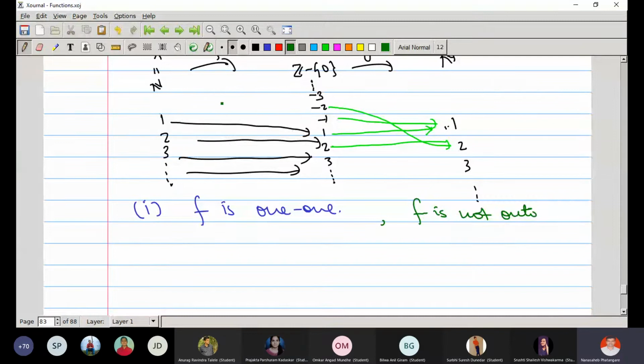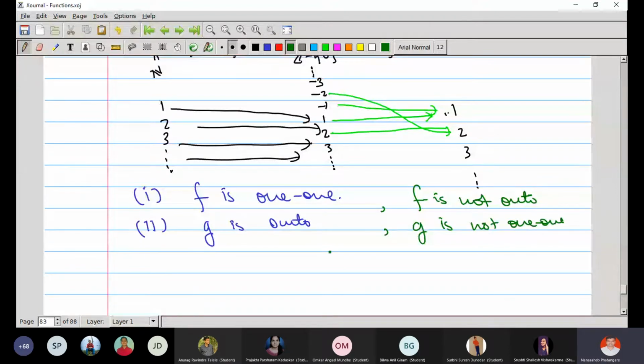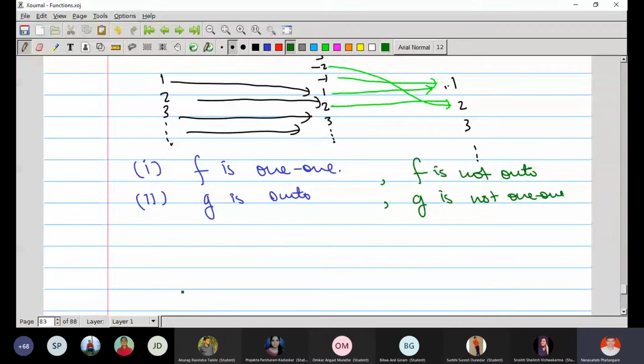Second point: g is onto. Is it correct? Yes. And is g 1-1? No. g is not 1-1 because we see that distinct points are mapped to the same point, 1 and minus 1. So g is not 1-1.